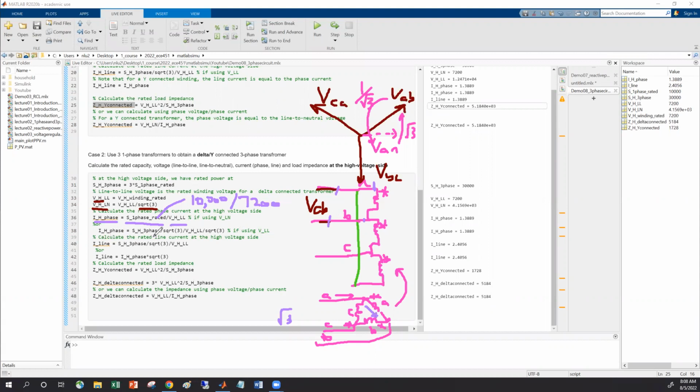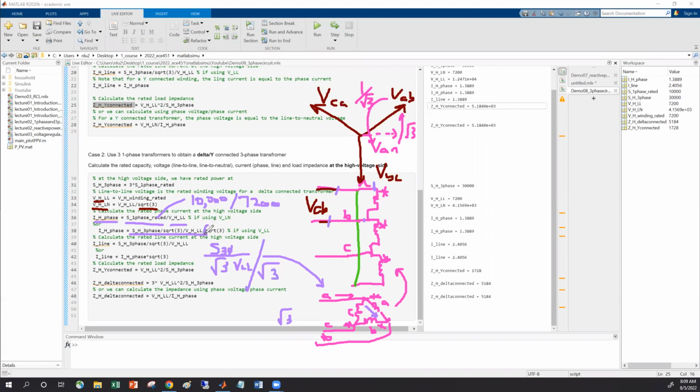And then the other thing we can do is to use the line voltage. So line current would equal, remember, it's S 3-phase divided by square root of 3 times VLL. However, this will calculate this current. But if we want to compute for the phase current, we need to divide it by another square root of 3 here.